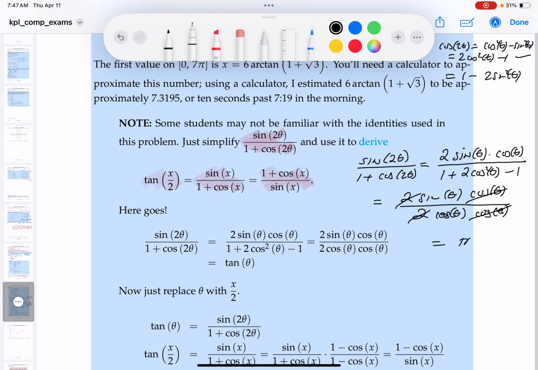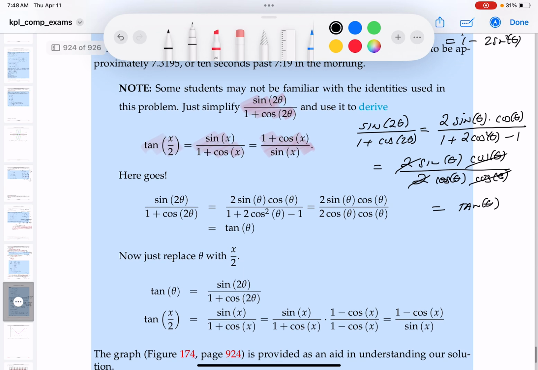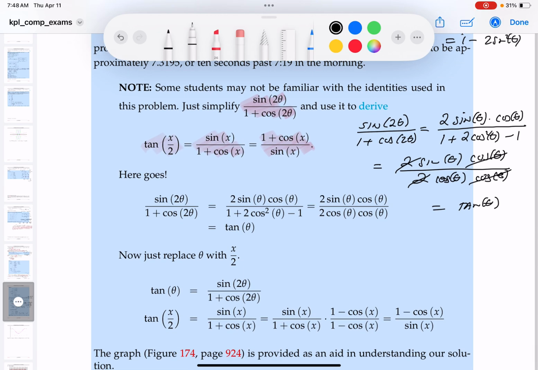And what do you get over there? Tangent of theta. All right? So then the question is, what do I know now? I know that this thing I just did, I'll write this down for you, the tangent of theta is identical to the sine of 2 theta over 1 plus the cosine of 2 theta.